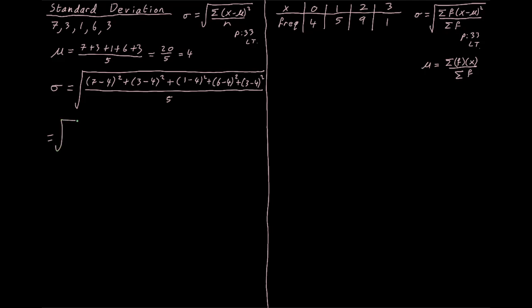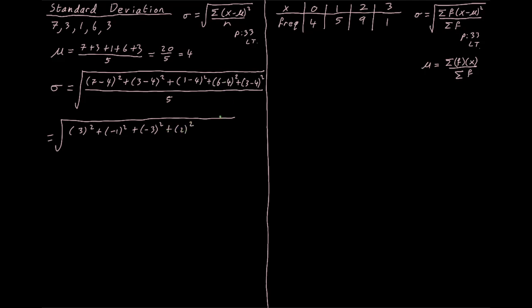So when we tidy that up a little bit, we end up with 3 squared plus minus 1 to be squared, plus minus 3 to be squared, plus 2 to be squared.